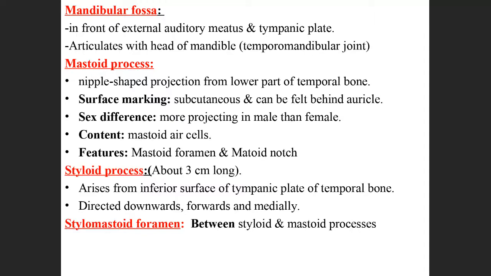It is like a nipple-shaped projection at the lower part of the temporal bone. The mastoid process is part of the temporal bone. And then surface marking. It is subcutaneous. Subcutaneous means easily palpable. We can feel it on the skin.